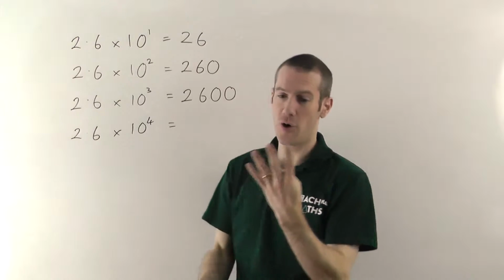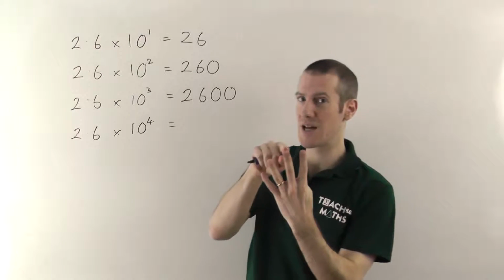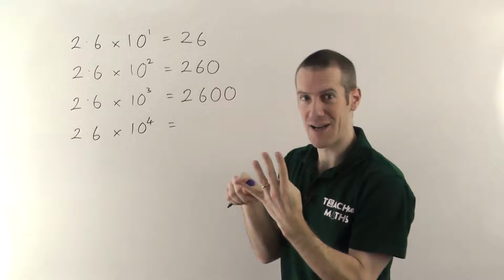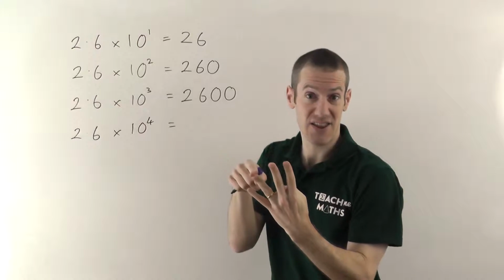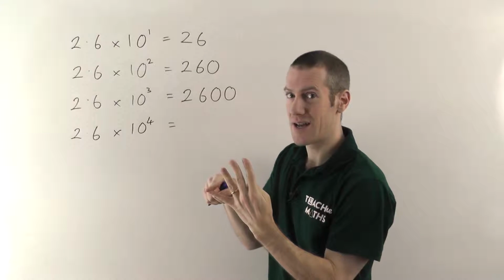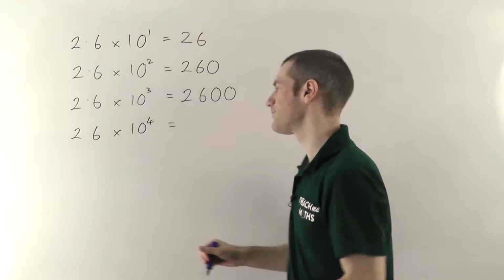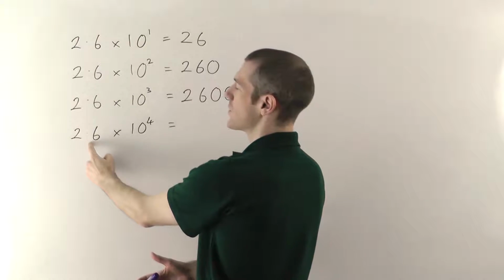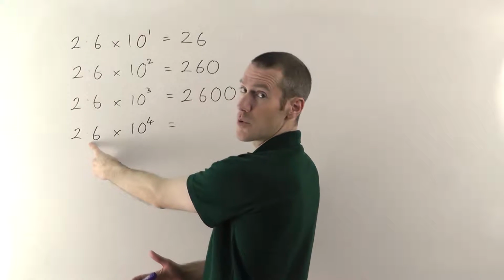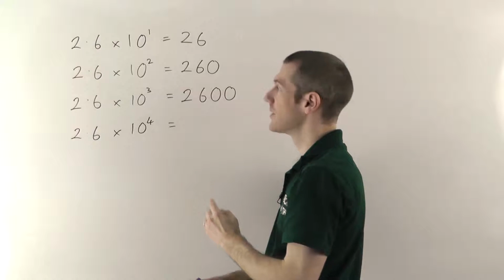10 to the power 4 means 4 10s, so it's 10 times 10 times 10 times another 10. Now 10 times 10 is 100, times that by 10 is 1,000, times that by 10, you get 10,000. So 10 to the power 4 is 10,000. So we're going to be moving the decimal point here 4 times.